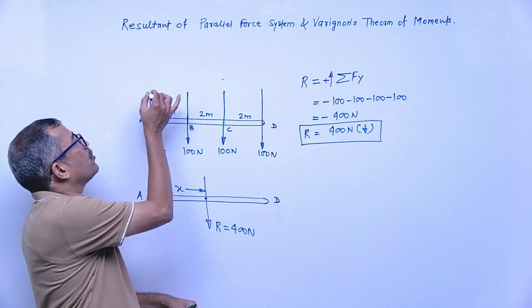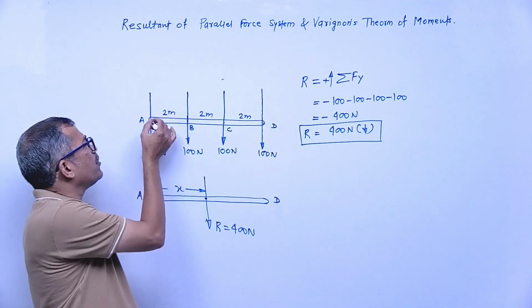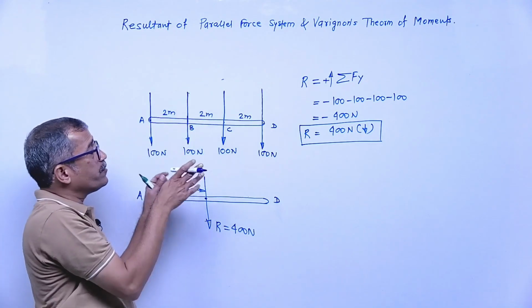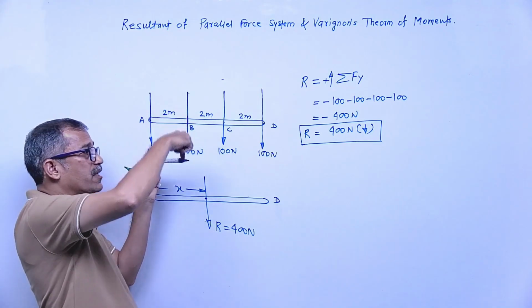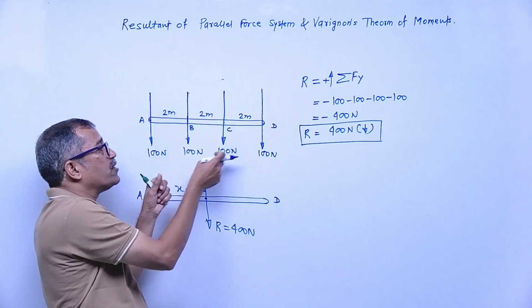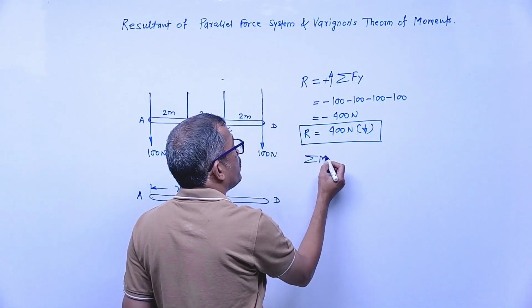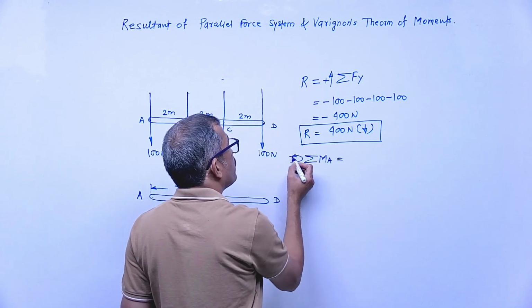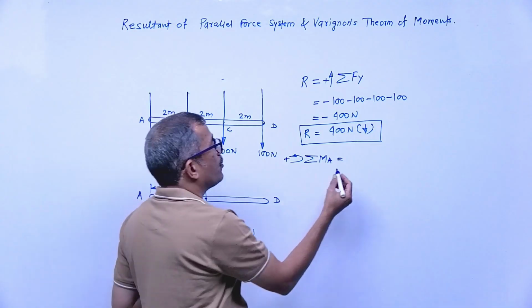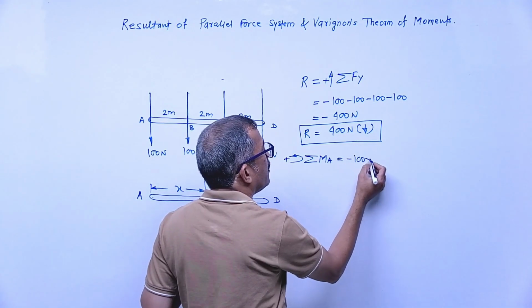See, what is the rotational effect? The moment of the 100 Newton force about A: its line of action passes through A, so the moment is 0. Now hold at A. The force is downward, so how will it rotate? Clockwise. The moment of this 100 is also clockwise, and the moment of this 100 is also clockwise. So the resultant moment about A, taking anticlockwise moments positive: for the first force it is 0. For the second force, 100 into 2, clockwise, so minus 100 into 2.